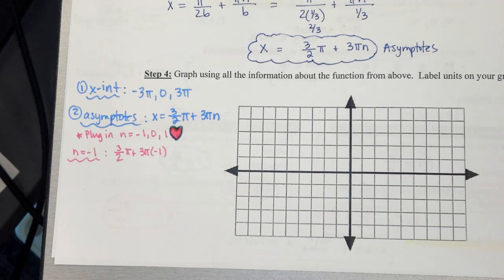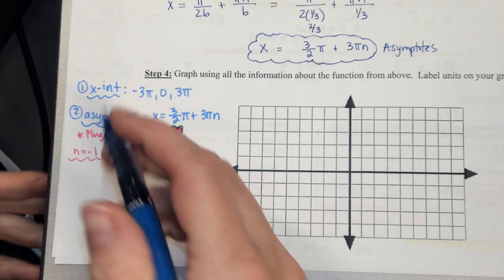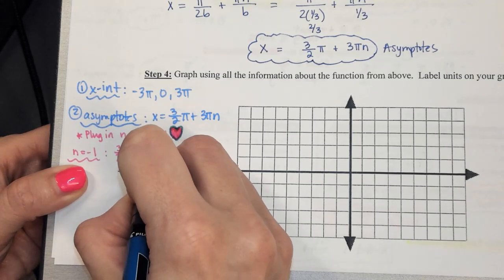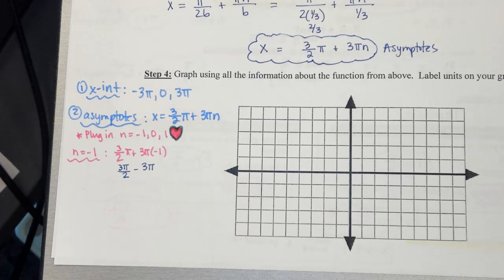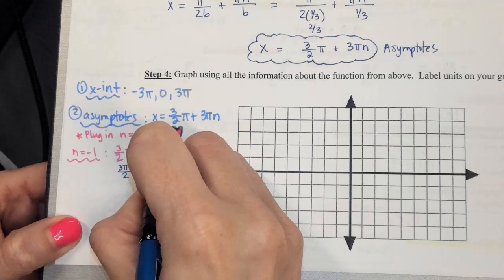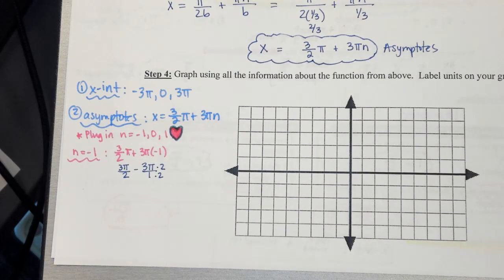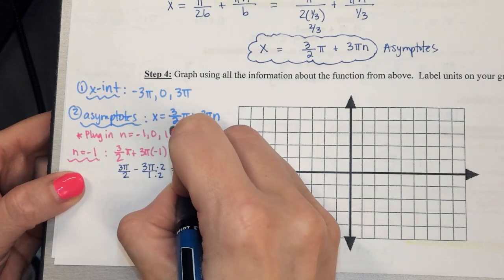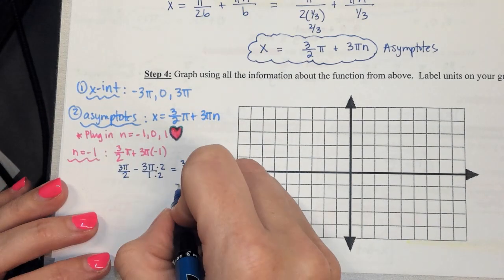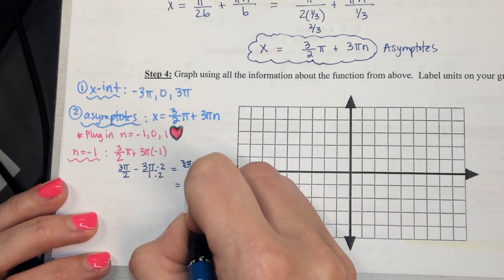And then that's going to let me know where I can put this on my graph. So this is going to be 3 pi over 2 minus 3 pi. If you're combining those, what do we have to get in order to subtract them? Same denominator. So if this is over 1, we're just multiplying each one by 2, right? So this becomes 3 pi minus 6 pi over 2, which is -3 pi over 2.